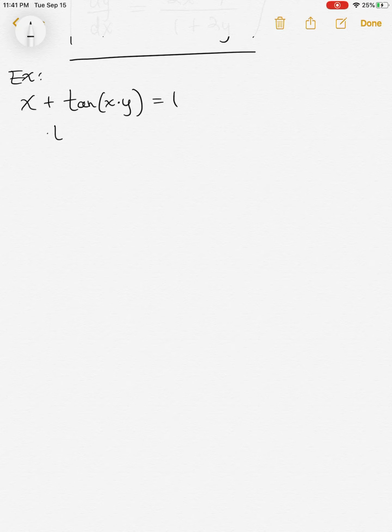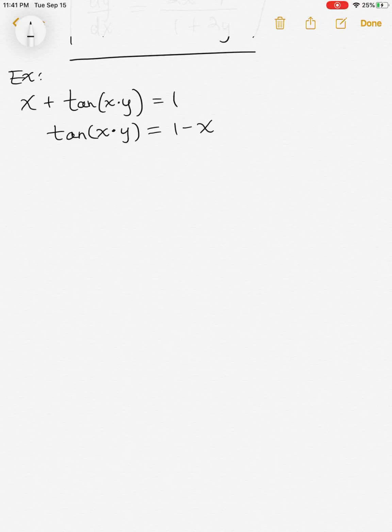All right, so I'm going to rewrite and leave all my stuff with the y on the left-hand side. That's just the way I like to roll, okay?